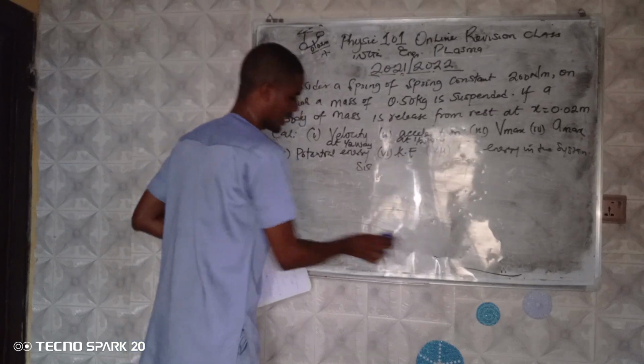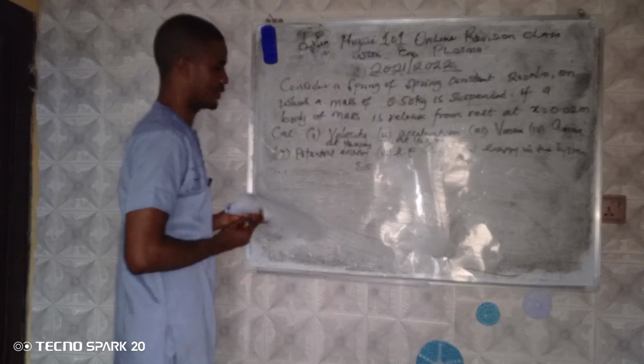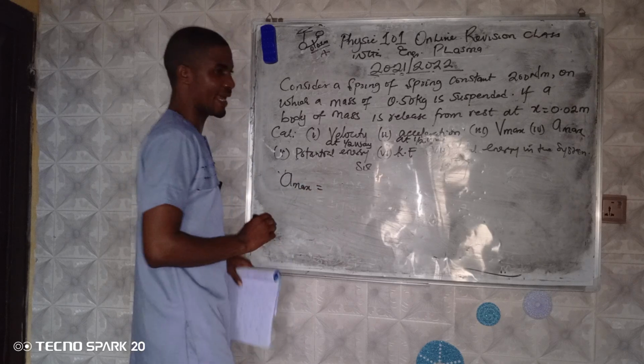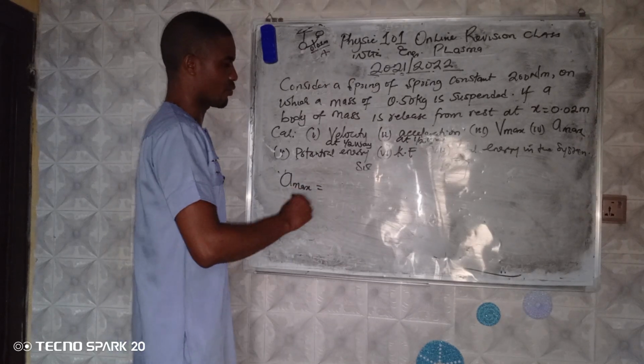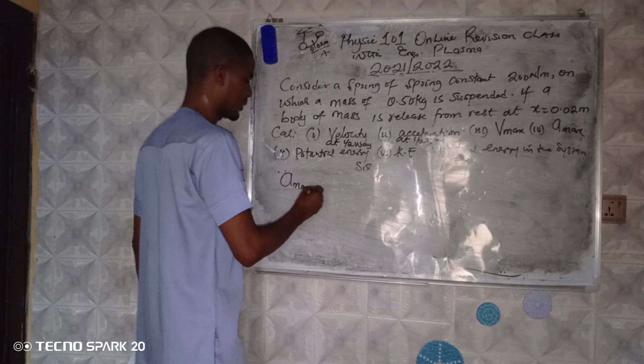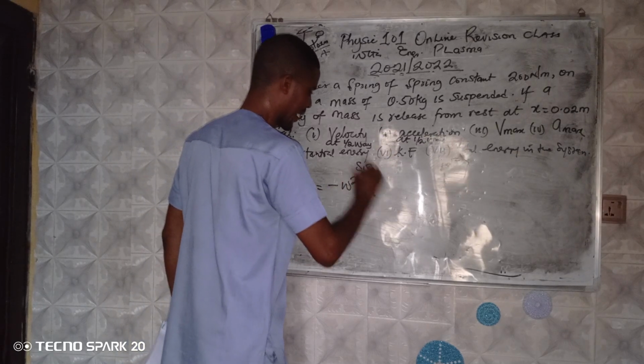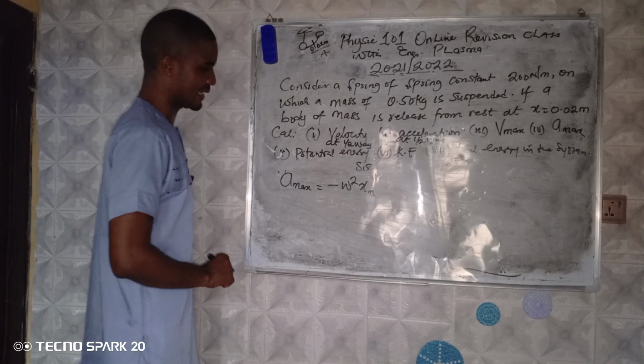Then the next one, we also have to calculate the maximum acceleration. A maximum, which we know occurs when xm is equal to x, or amplitude is equal to displacement. And this will give us minus W squared xm.